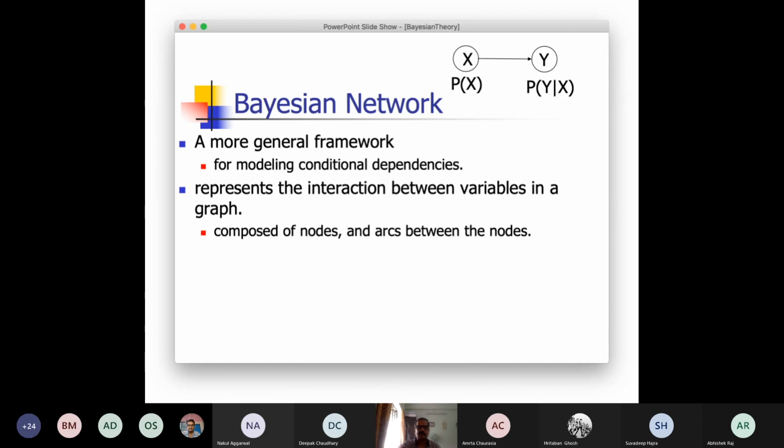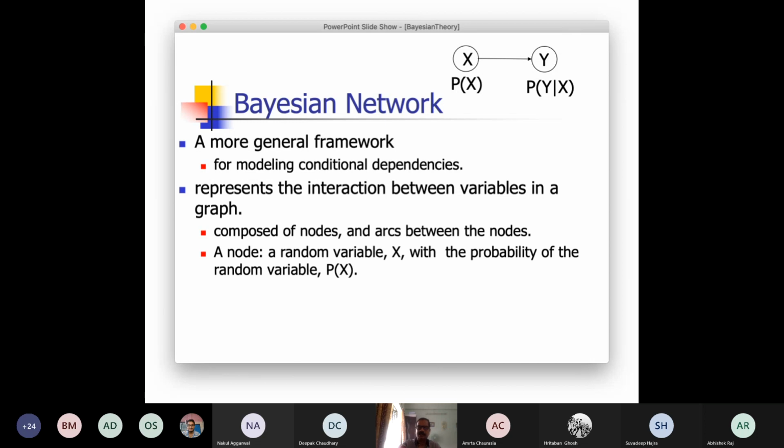In this graph, the nodes represent the random variables, and the edges represent their relationships in terms of conditional dependencies. As the example shown here, this is an example of a Bayesian network in its simplest form.